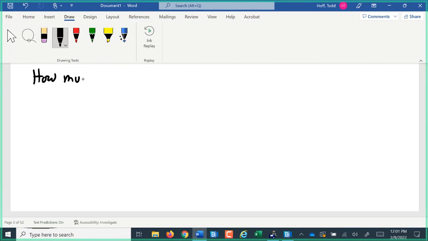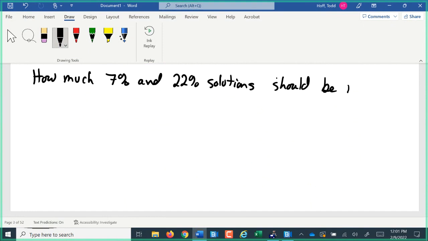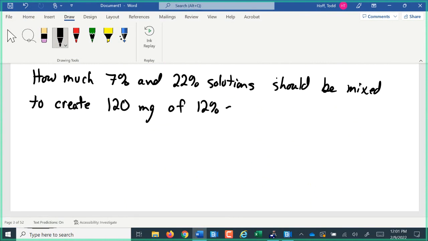Let's ask how much 7% and, let's put up, 22% solution should be mixed. Create 120 milligrams of 12% solution.